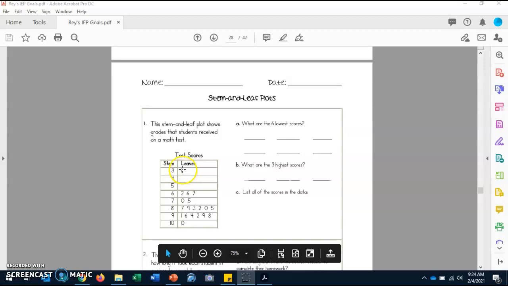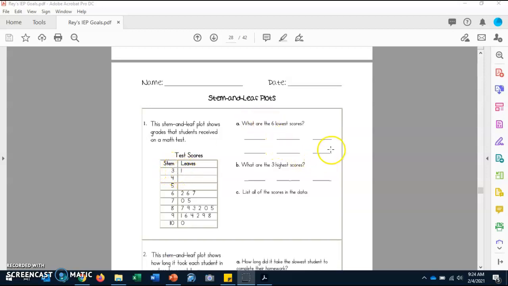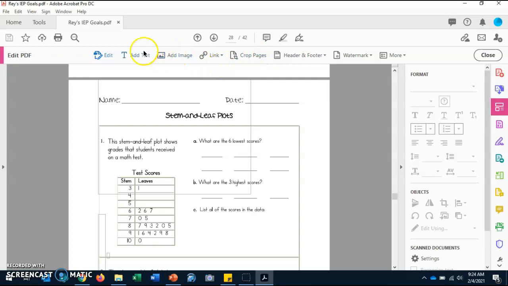Here is a 31. So we know that we're going to start here and count 6. So our first lowest grade is 31. So this is our first lowest grade, and we're going to put here 31.